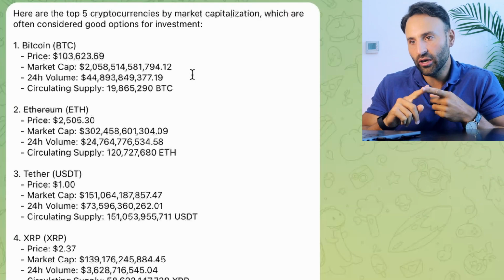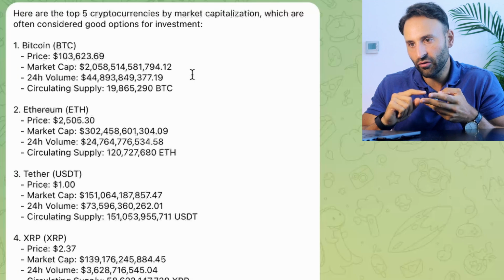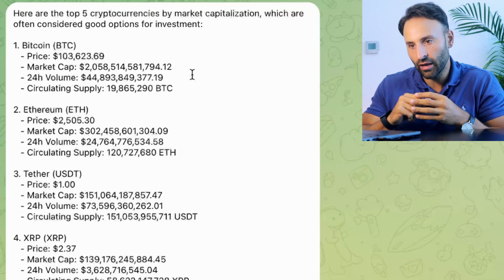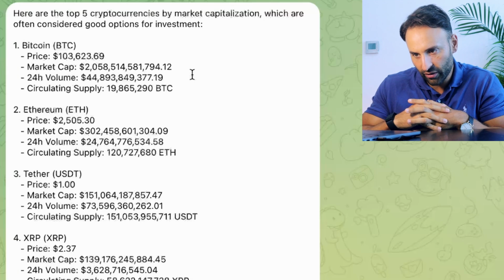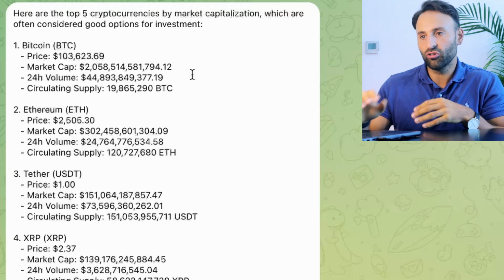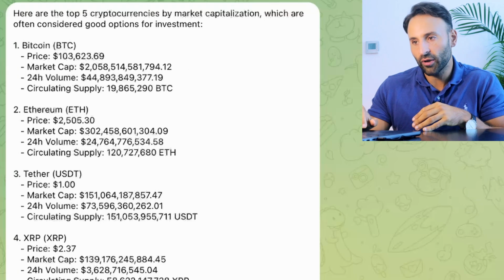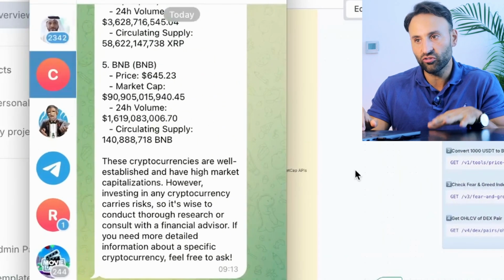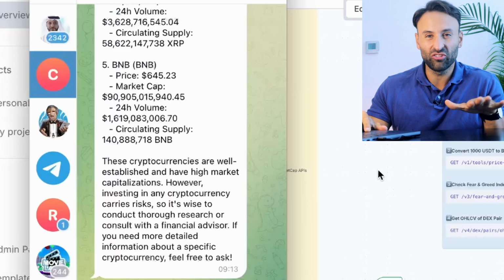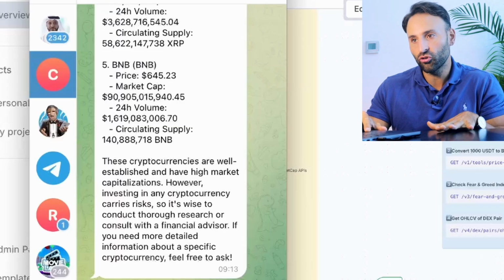So it says Bitcoin, of course, Ethereum, Tether, XRP, Binance Coin, I believe that is. And it gives you some information. So you could ask it all sorts, even some more complicated questions, and it will tell you. And you can put this into a chatbot online, in this case, we've got it as a Telegram bot, and much, much more.